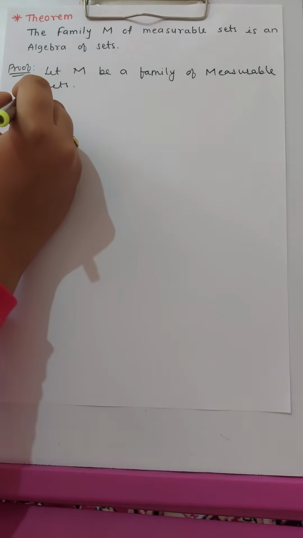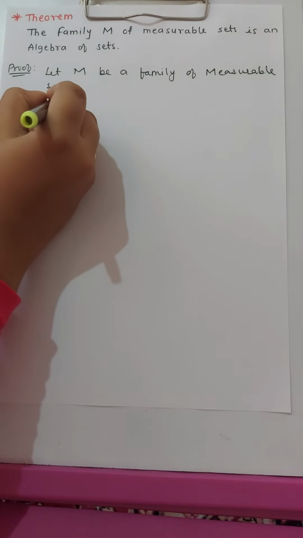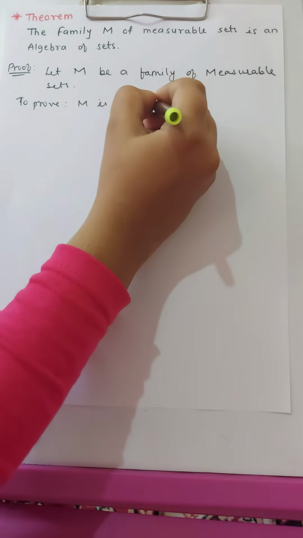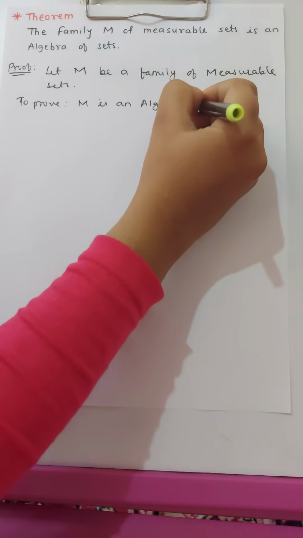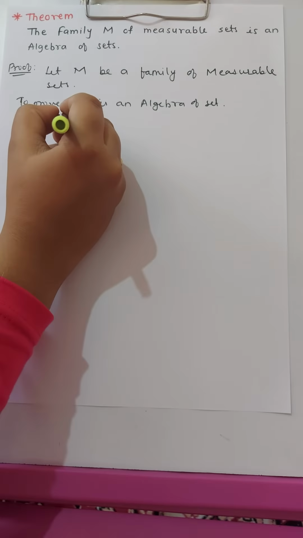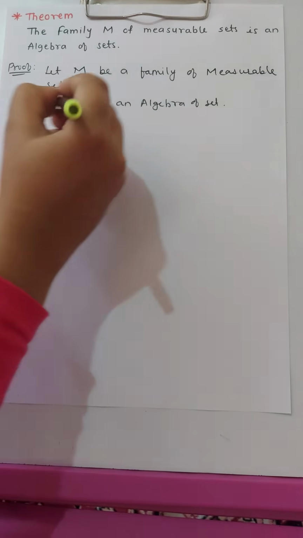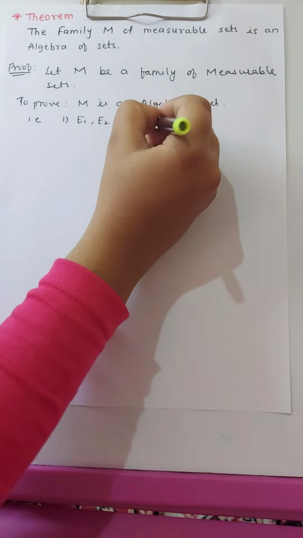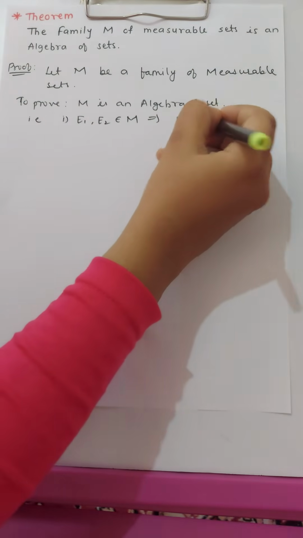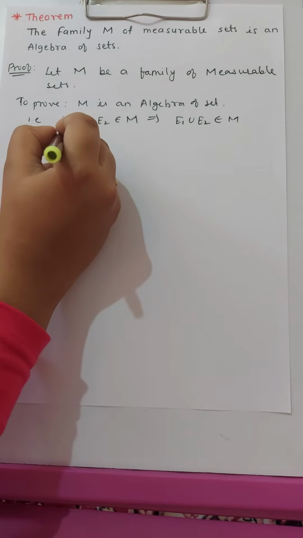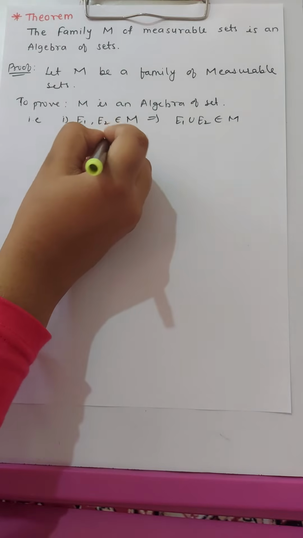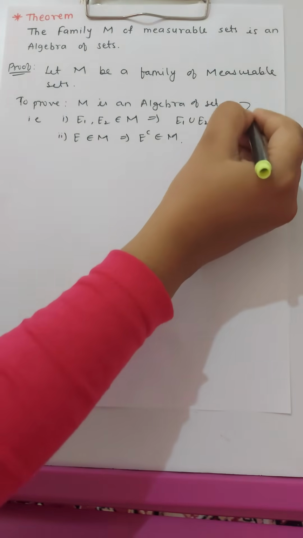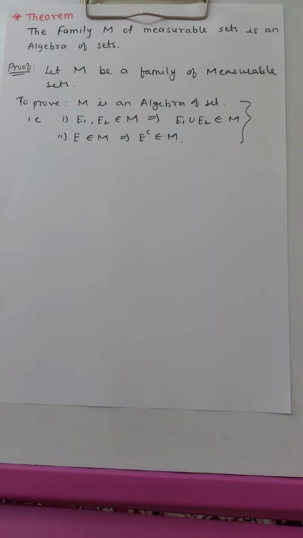We have to prove that M is an algebra of sets. That is, two conditions must be satisfied. First, for E1, E2 belongs to M implies that E1 union E2 also belongs to M. And second, for E belongs to M implies that E complement also belongs to M. We have to prove these two conditions.